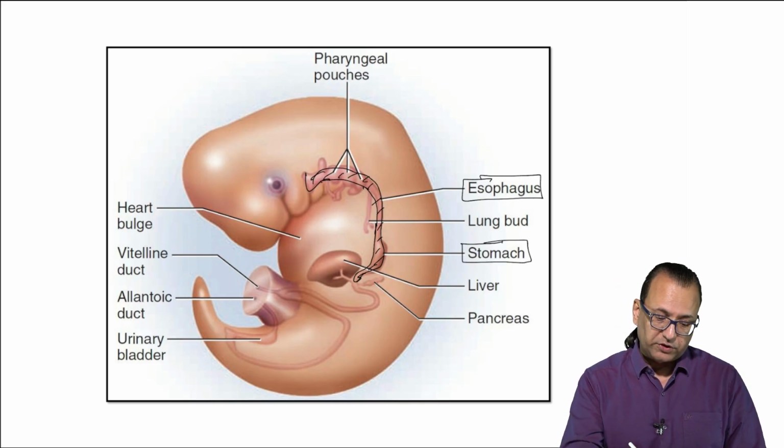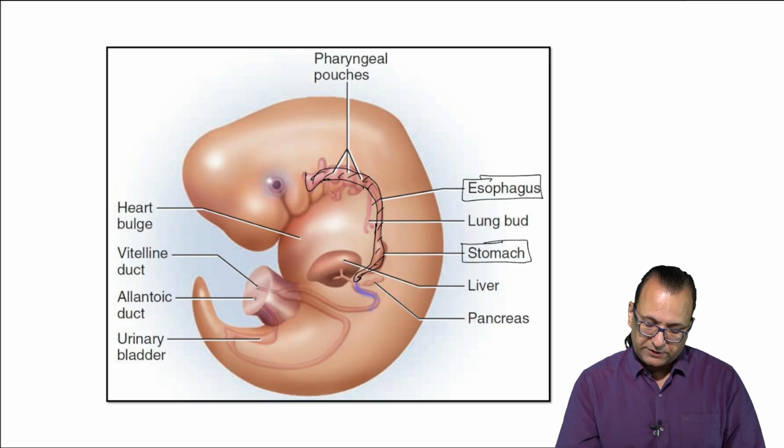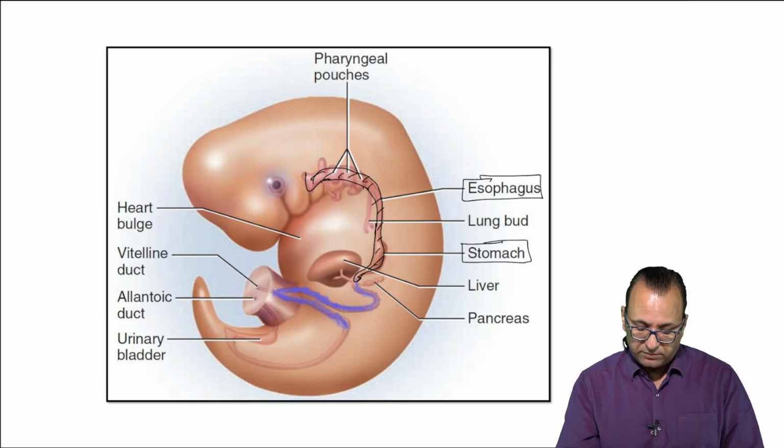But if we are focusing upon this area, then it is the midgut region where you have the distal part of the duodenum and most of the small intestine, then till the right two-thirds of the transverse colon, it is midgut.